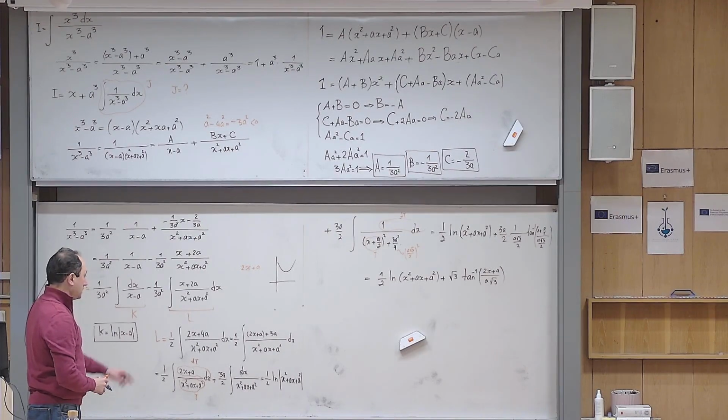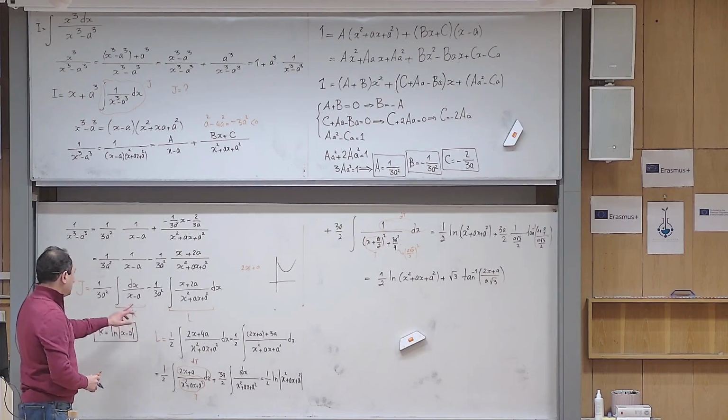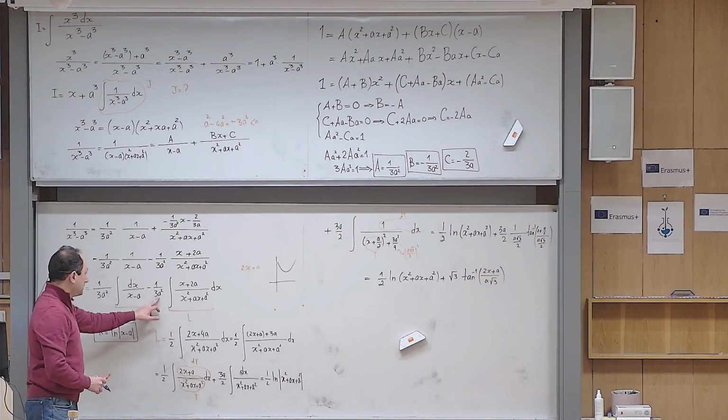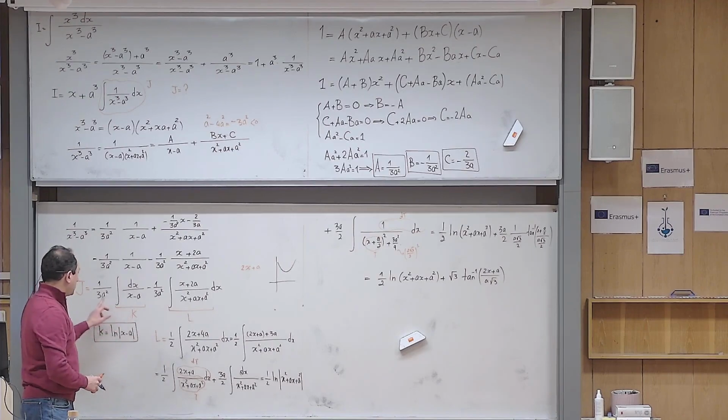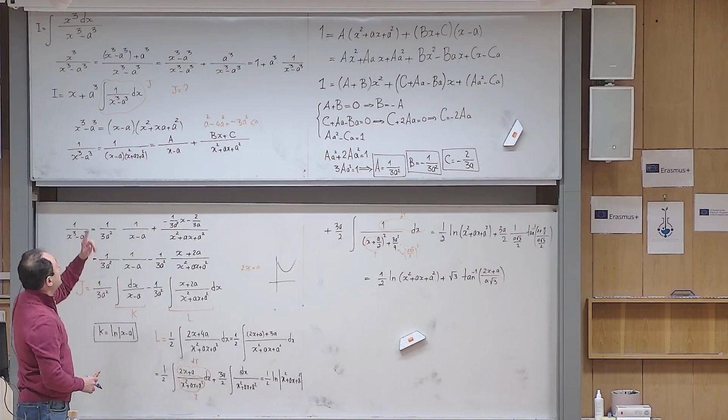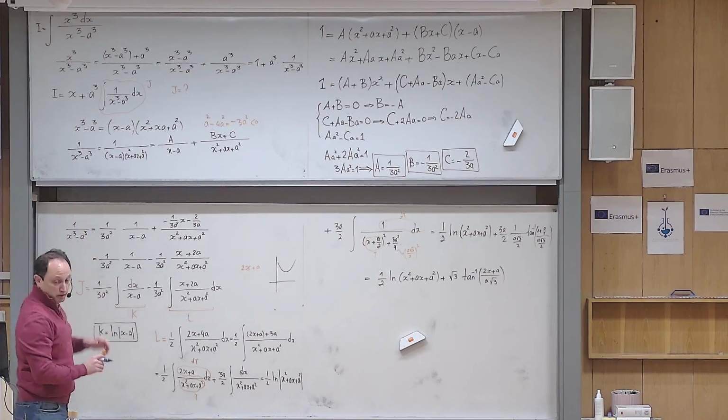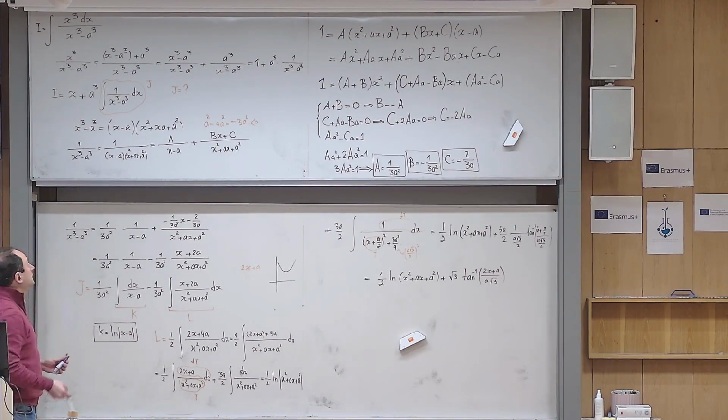Yes, so that is my L, and then I have to multiply my L by this constant, multiply my K by this constant, it gives me J, and then I put my J back into the original formula up there, here, and then I will find my X.